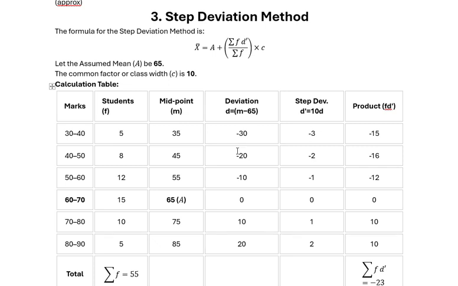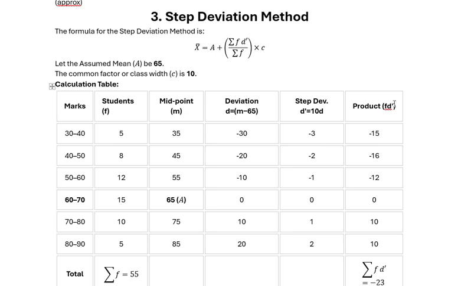Minus 20 divided by 10 will come as minus 2. Similarly, minus 10 divided by 10 will become minus 1. 0 divided by 10 will become 0. 10 divided by 10 will come as 1 and 20 divided by 10 will come as 2.